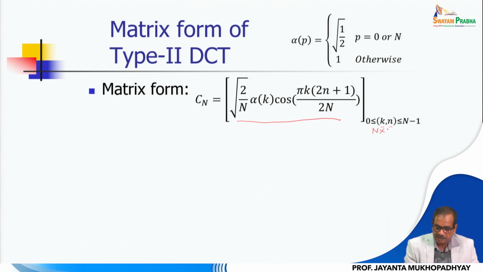Because of this variation, it is of dimension n cross n, where in the first row the value of k will be equal to 0, and then n will vary from 0 to n minus 1, and in this way it proceeds. So, if we set the values of k and n and proceed in constructing the matrix elements, then we will get the actual real values for this case.